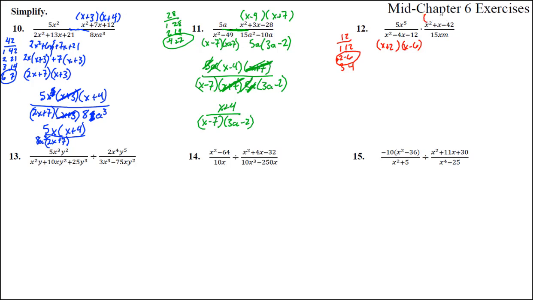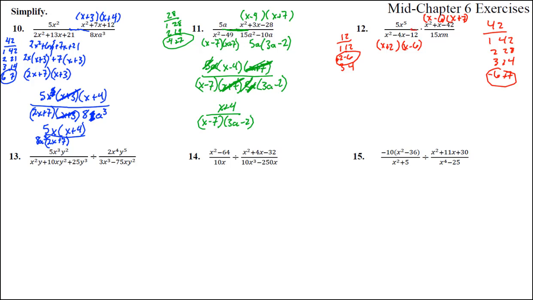Okay, and on this one right here, x and an x, and what times to 42? 1 and 42, 2 and 21, 3 and 14, 6 and 7. That adds to a positive 1, so that's a plus 7 and a minus 6. x minus 6, x plus 7.